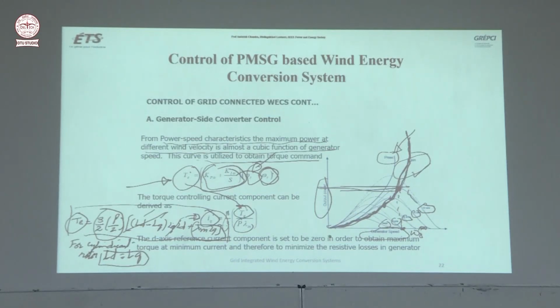So electric torque is proportional to the Q axis current, not the D axis current. On the generator side, IQ is more important, and on the grid side, ID will be more important. Here we are talking about IQ, and you can set the ID current to be 0 so that you can minimize the losses and maximize the torque.